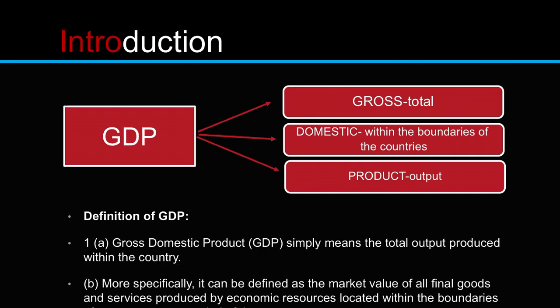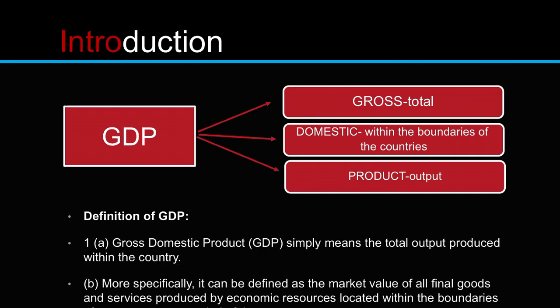GDP is known as the market value of all finished goods and services produced by economic resources located locally within the boundaries over a period of time, or all economic resources located inside the country that produce the finished goods. So GDP means the market value of all final goods.